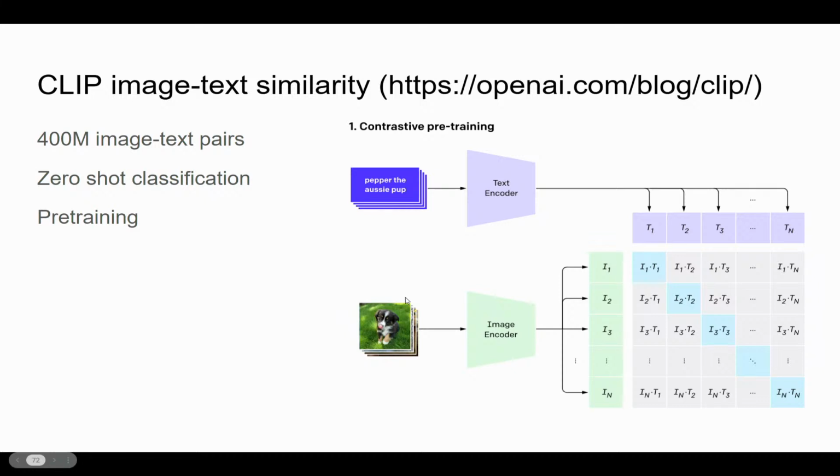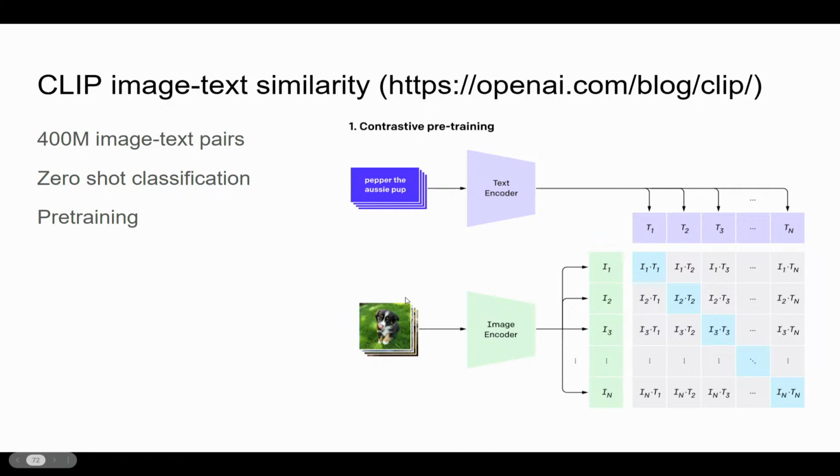CLIP was specifically trained using a sort of softmax and cross-entropy loss. I take the embedding for image 3, the embedding for text 3, and do a dot product on them, and this should be high. These vectors, I3 and T3, should ideally be the same.